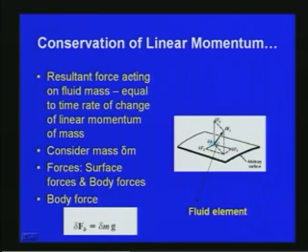Now if you consider the resultant force acting on a fluid mass, in this slide we consider a fluid element of small area delta A with respect to the x, y, z axes.